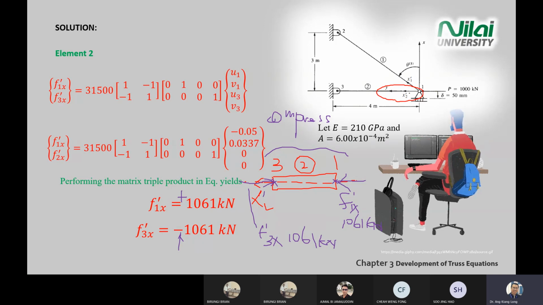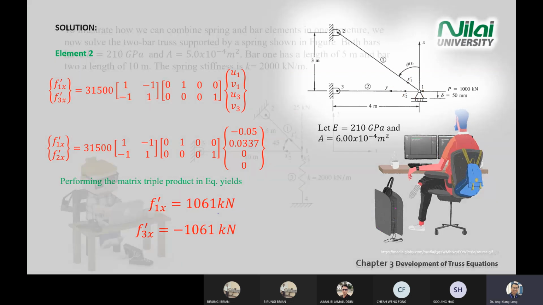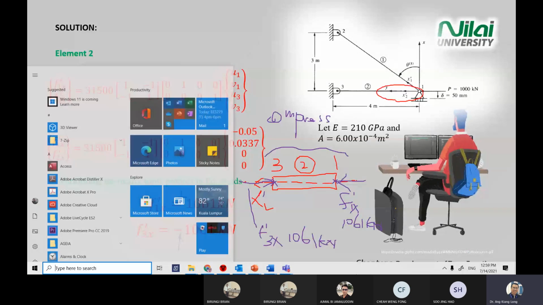You push something to the left and point 3 cannot move, so you're compressing this element 2. It agrees with the normal behavior and with the calculation here. So this is how you analyze your result, whether it's logical or not. When you press something or pull something, does it agree with the force inside the element? Make sure you understand this one. All right, let me stop the recording.